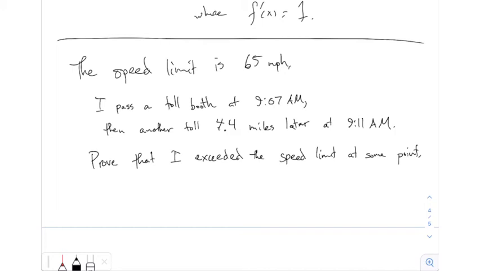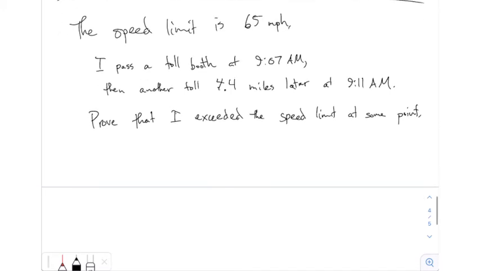So what's kind of interesting about this is I never told you anything about my speed at any moment, all right? But you can still use the mean value theorem to deduce what my speed was at certain moments during my trip here, all right? Let's see if we can do it. I have to translate this somehow into a function of some sort.